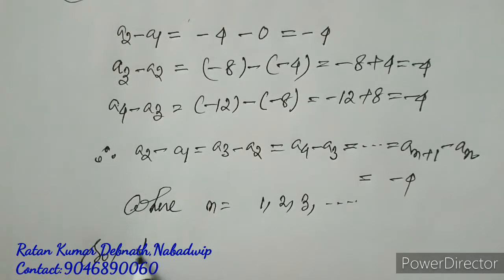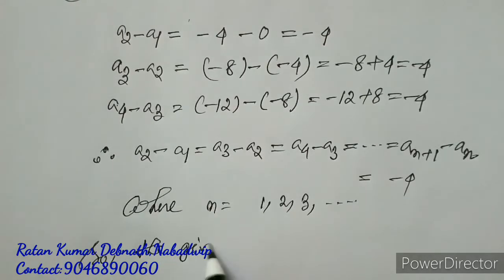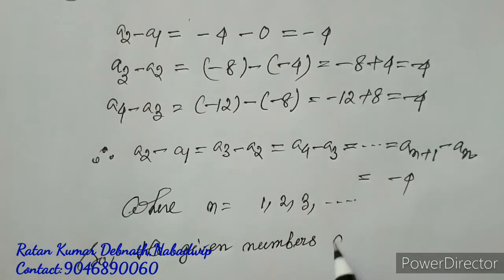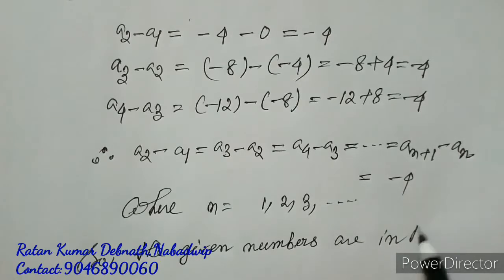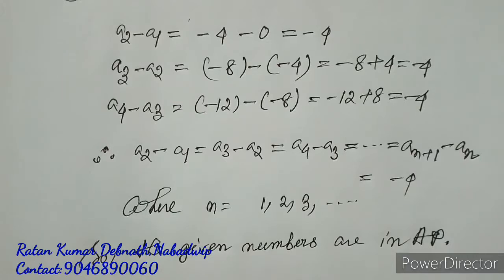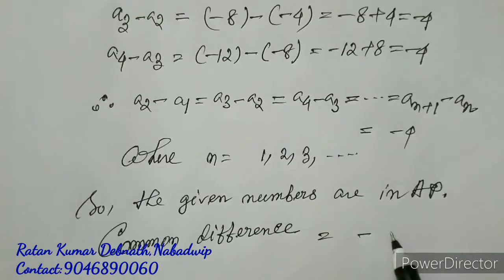So the given numbers are in AP, and obviously common difference minus 4.